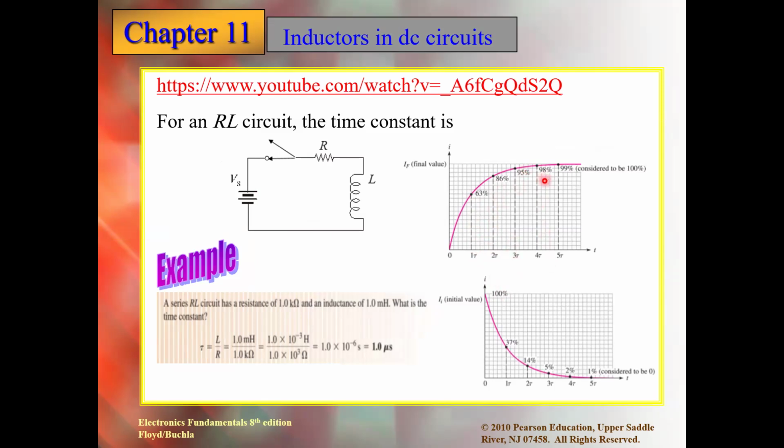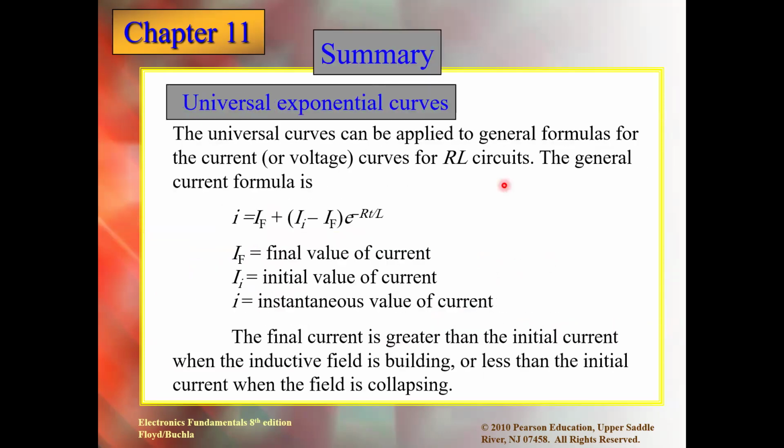We already calculated the final value in that question. So in one time constant it will be 63% of the final, and in two time constants 86% of the final. We can apply it this way if we know these values. If we don't, we can simply put the value of t in the equations and continue.